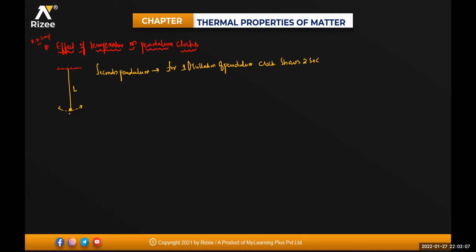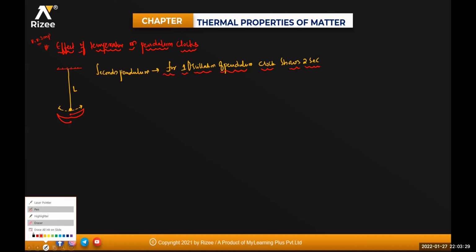One oscillation means the body will start from here, goes like this, comes back to the mean position, mean to extreme, extreme to mean. This is one oscillation. So for one complete oscillation of your pendulum, clock shows how much time, beta? 2 seconds. That is the reason we are calling it a seconds pendulum. For one oscillation, the pendulum is showing 2 seconds of time. Clear?